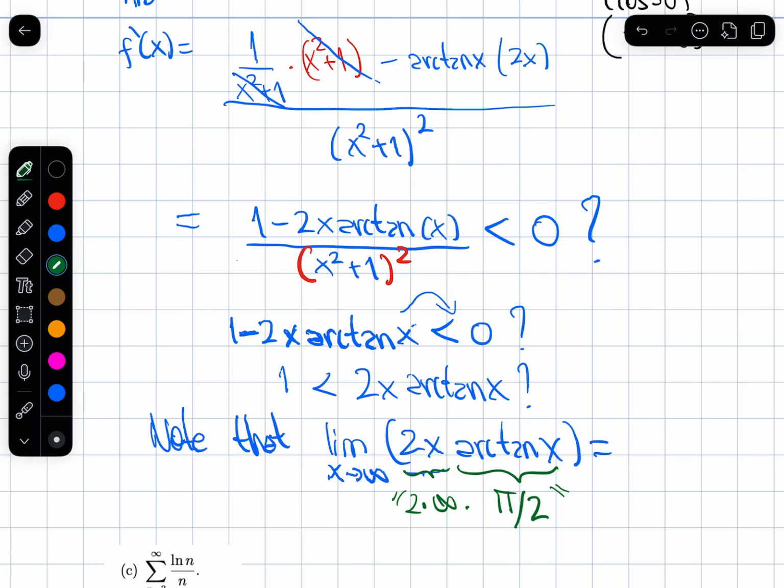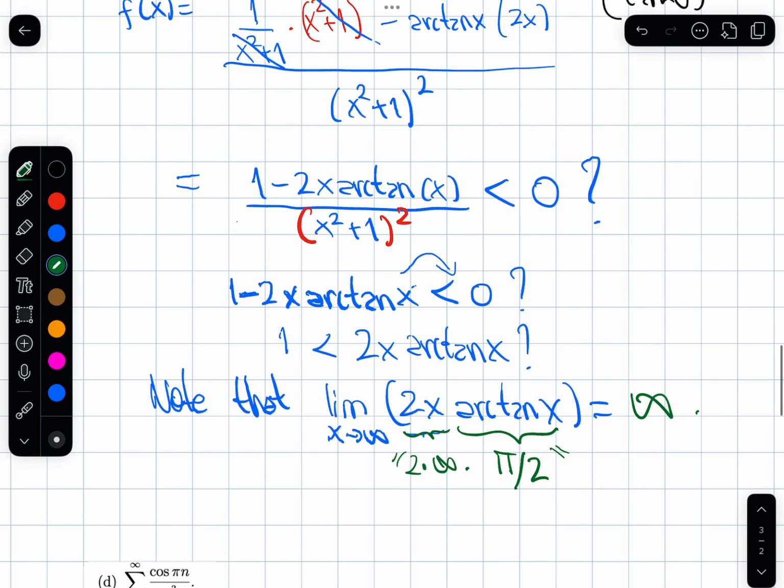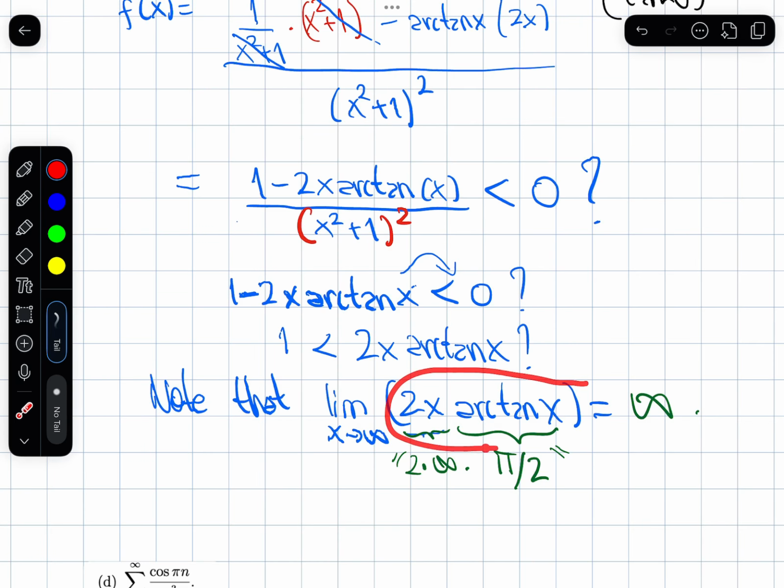It's going to get bigger and bigger, so this limit is infinity, which means this guy will get super big for certain values of x. As x grows, this guy grows as well, which means at some point it's going to be bigger than 1. Of course, if it goes to infinity, it's got to be bigger than 1 at some point.